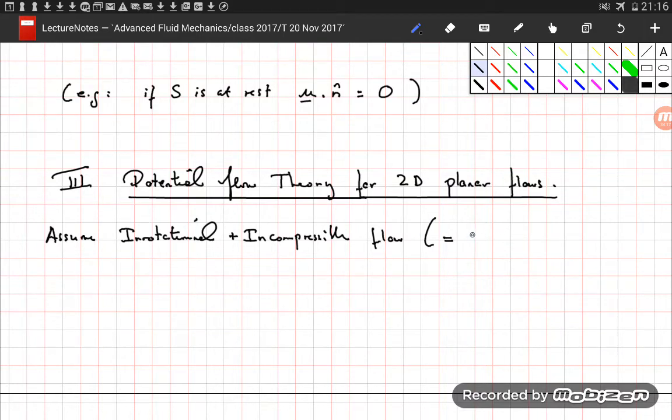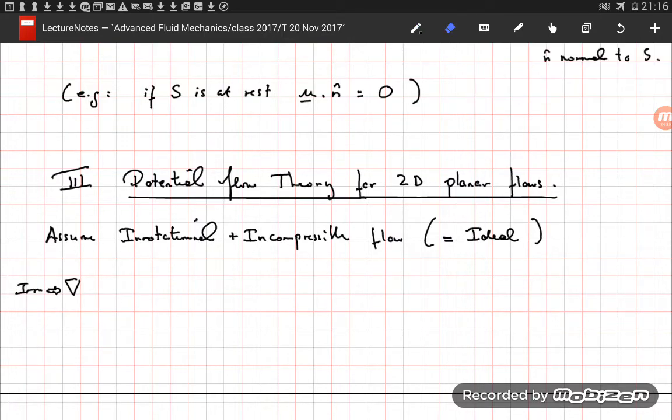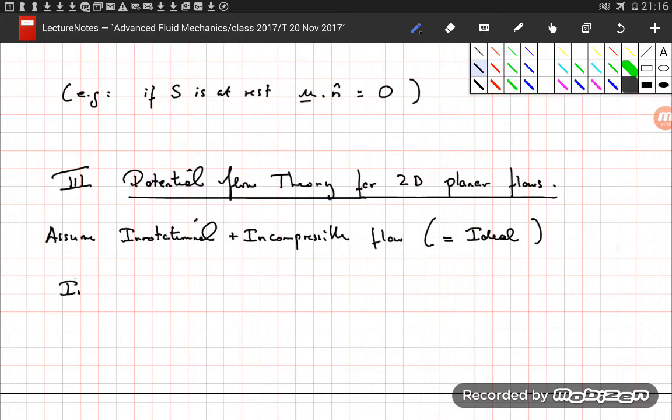Again, this is equivalent to saying that the flow is ideal, and this is equivalent to saying that we have a potential flow. So why is it important? So from irrotationality, we get that the curl of U is equal to 0. So the flow is irrotational.